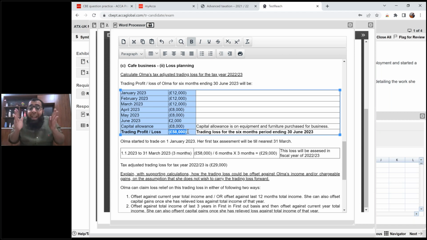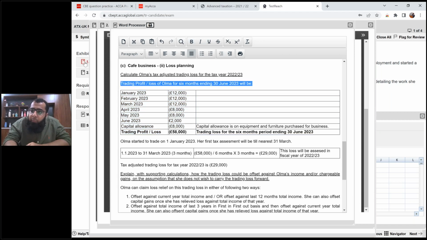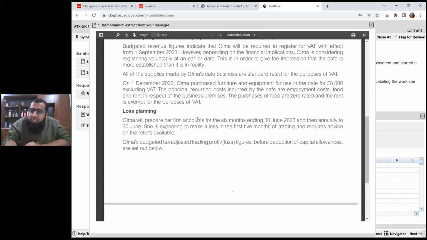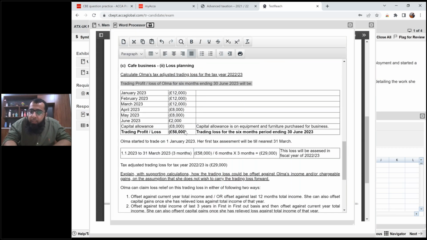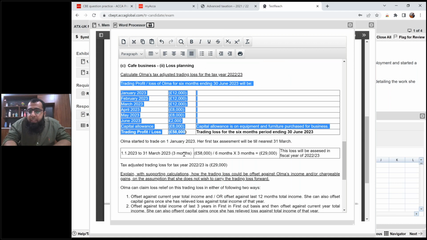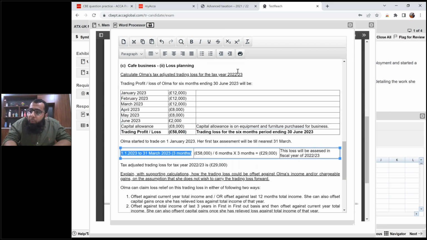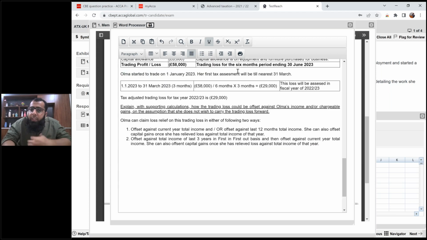The accounting period was of 6 months. It was given in the question that she will prepare her first accounts to 6 months. We prepared the 6 months profit and loss. Then we applied the basis period, as the question was only for 22-23. The trading loss for 22-23 is 29,000.